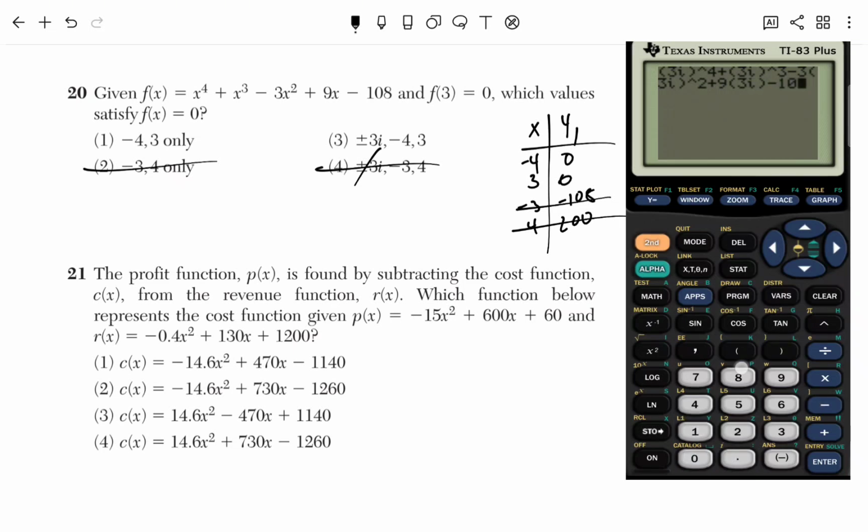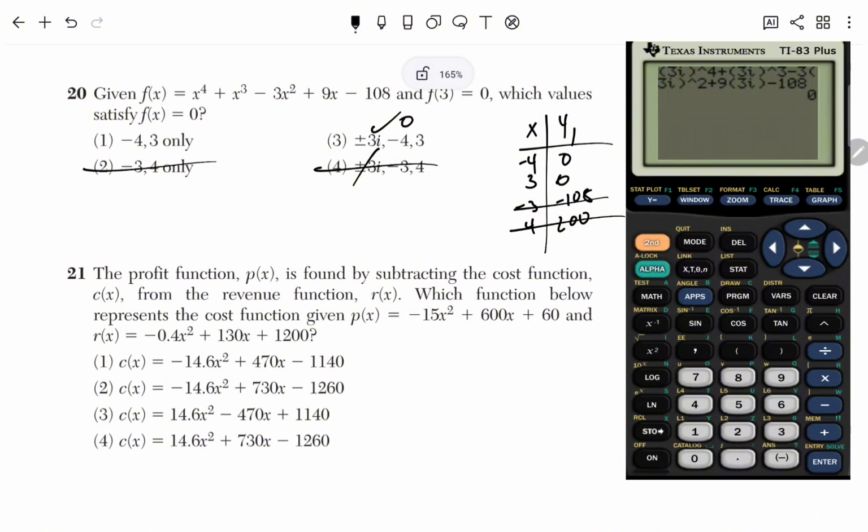And we're going to get 0. So we know that checks off, and that means that is going to be our answer choice.